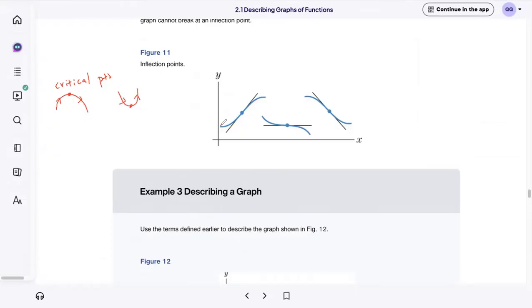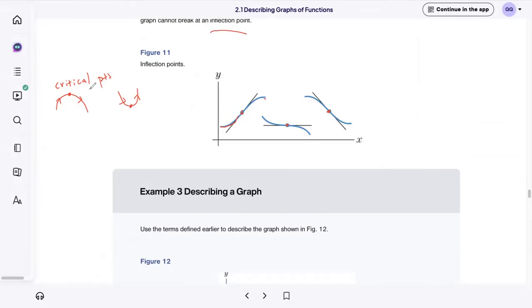But when we change from concave up, you see this is concave up, after this point it becomes concave down. We call that an inflection point. This point, this point, this point are called inflection points, right?